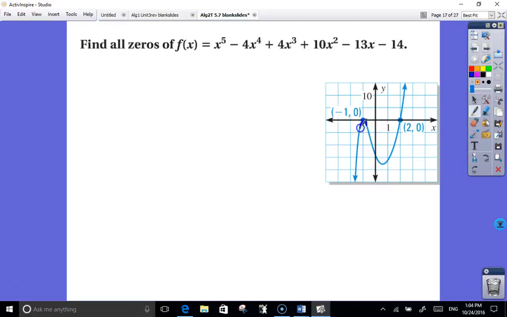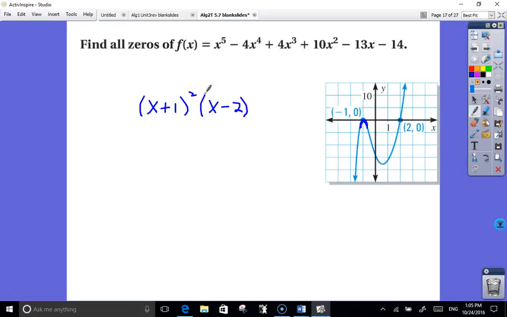Remember this kind of thing right there? That tells you that it must be coming from something like x plus 1 squared. The other one, since it goes right through the x-axis, that's coming from x minus 2. Now, that would give us 3 zeros, and there might be 2 left.